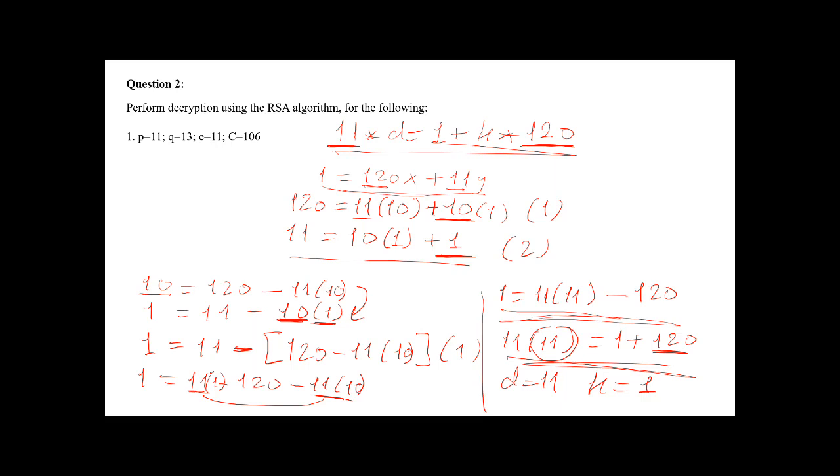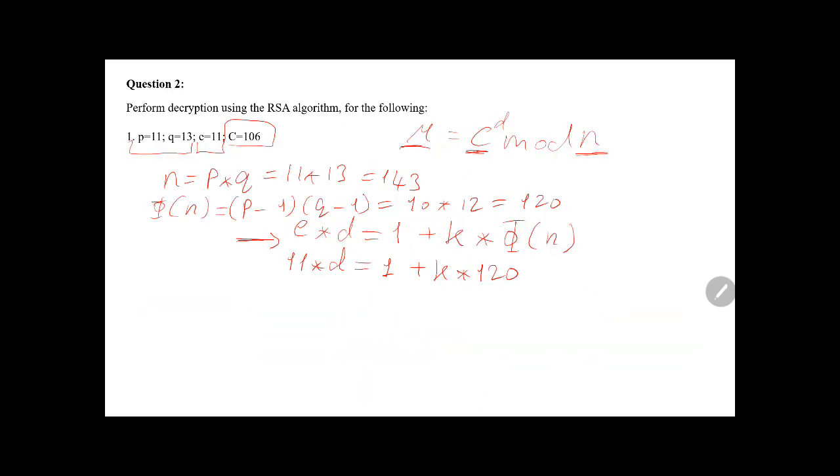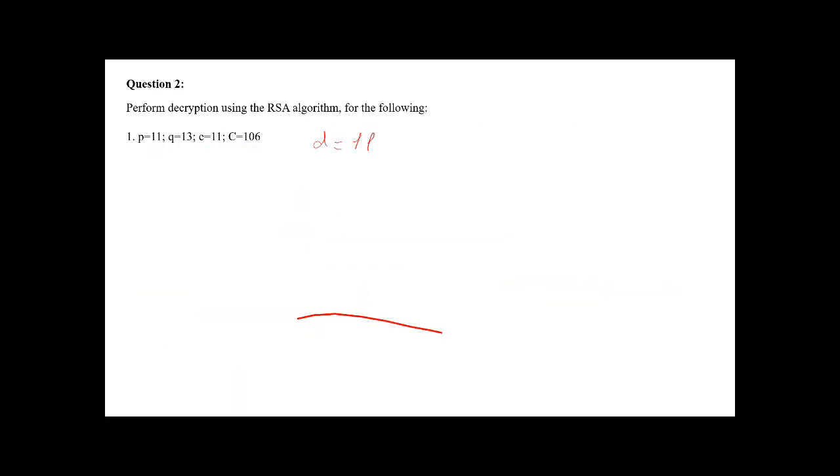Now the last step, which is the thing that we actually need for the question, is to decrypt. So now we have our D, which is equal to 11, and from the first slide back here, we had our N, which is 143. So N is equal to 143, and we have the rest of our variables here.